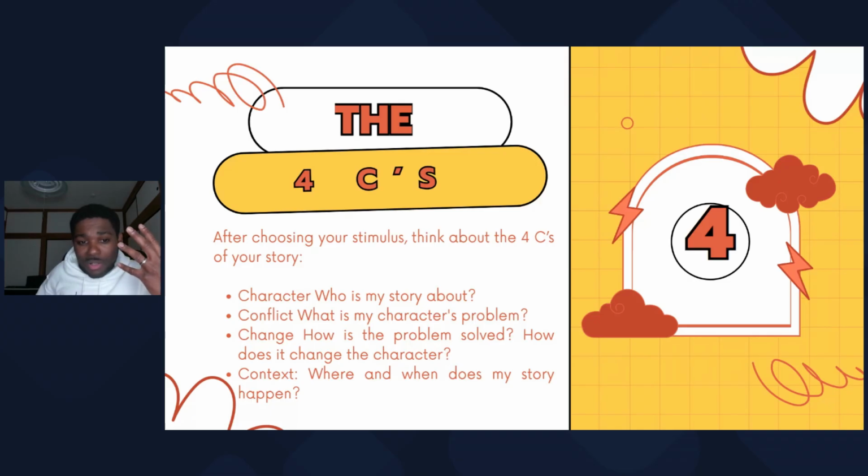How is the problem solved? How is the character changed? And 4, context. Where and when does my story happen? Every good story has these 4 C's: character, conflict, change, context. Think about them as you're planning your story, so your story makes sense.